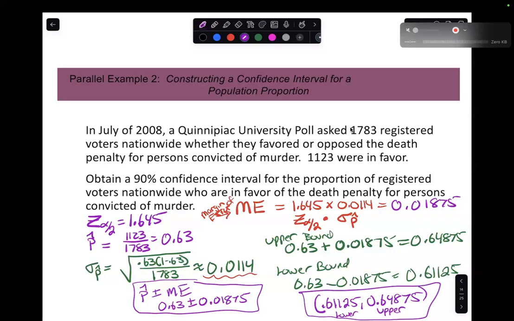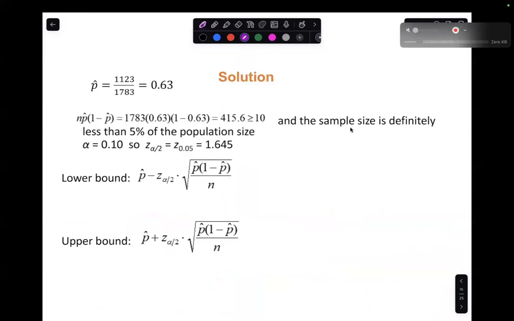So I'm going to show you the typed up proper math without the errors. Here's what they did that I didn't do. We need to know that n p times 1 minus p is greater than or equal to 10, which we got right there. And we need to know that the sample size is less than 5%. We have that there.